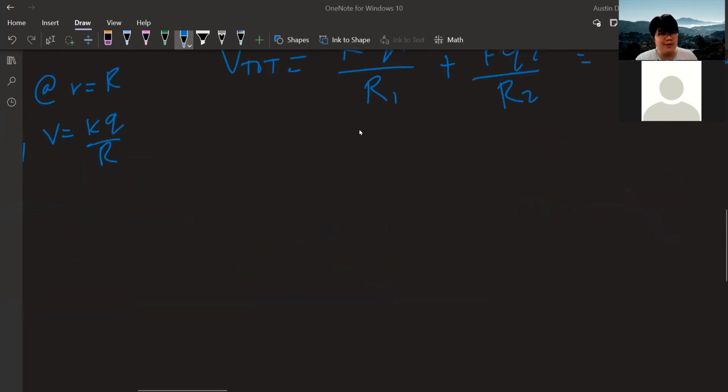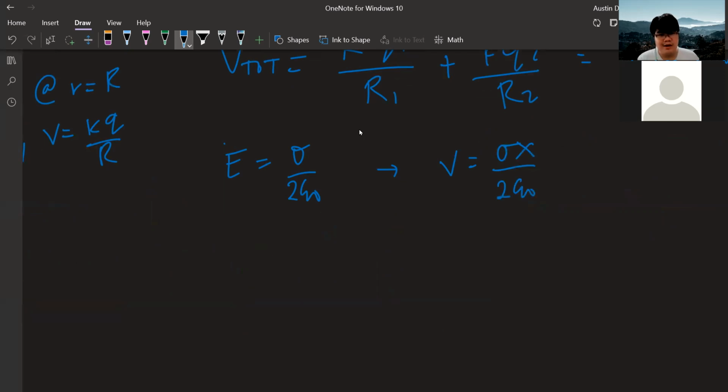Kung gagamitin mo yung electric field natin for a slab or for an infinite plane of charges, that would be sigma over 2 epsilon naught. Okay. So the potential for this part is V equals sigma x over 2 epsilon naught.